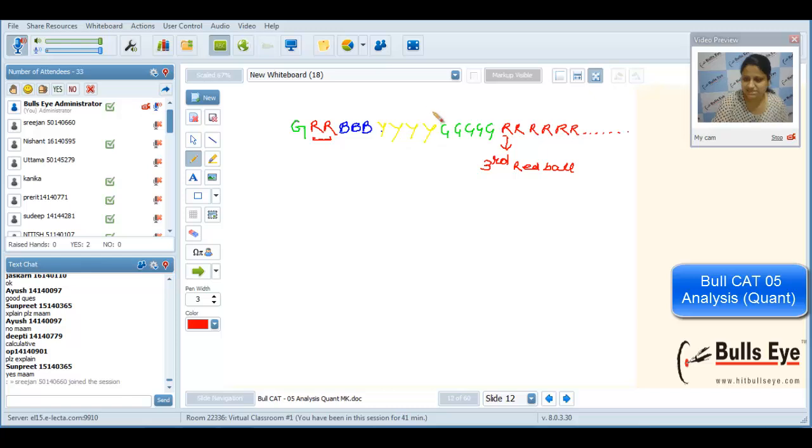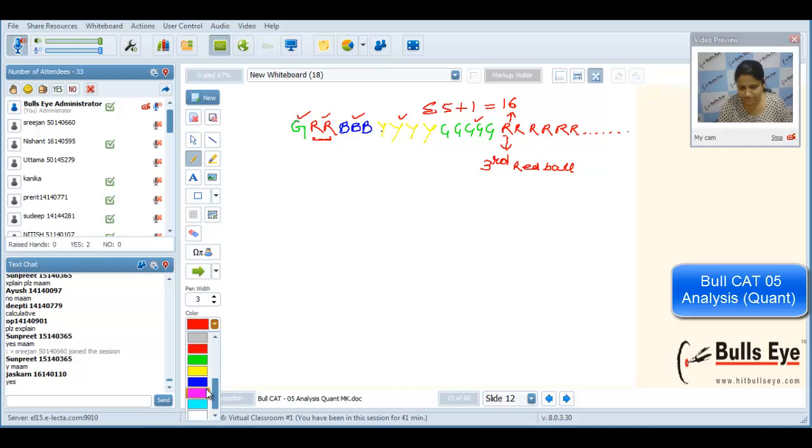It will be sigma 5 plus 1: first 1 green, then 2 red, then 3 blue, then 4 yellow, then 5 green. So it will be 16th. What will be the place of this ball? It will be 16th. And it will be the 3rd red ball. Is it okay, Sanpreet? First of all, you understand the statement of this question.